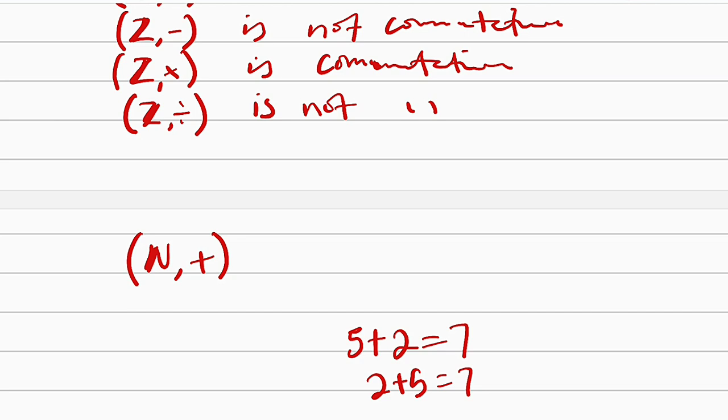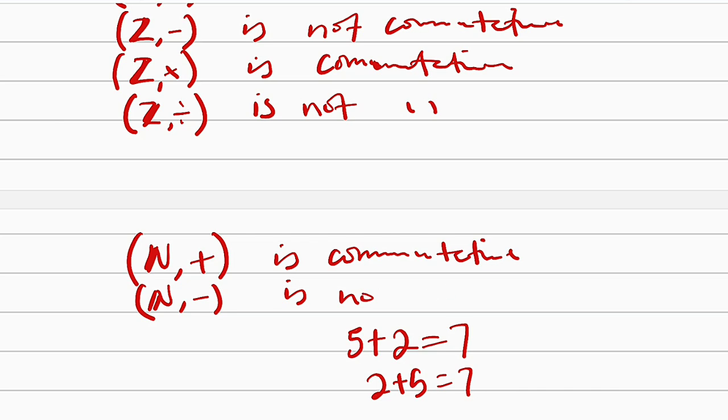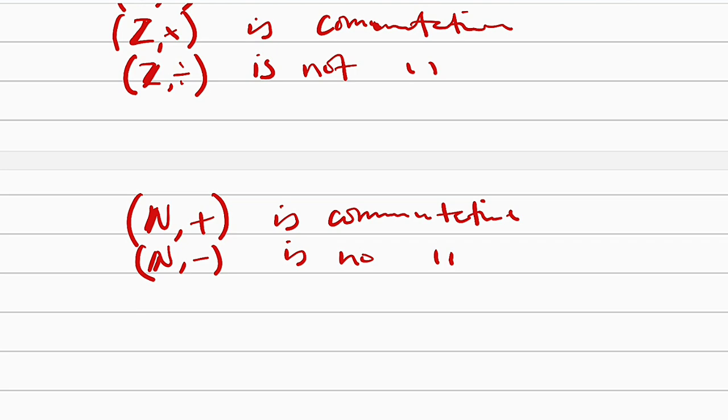So addition generally is commutative. What about subtraction? Subtraction is not commutative. Multiplication is commutative.